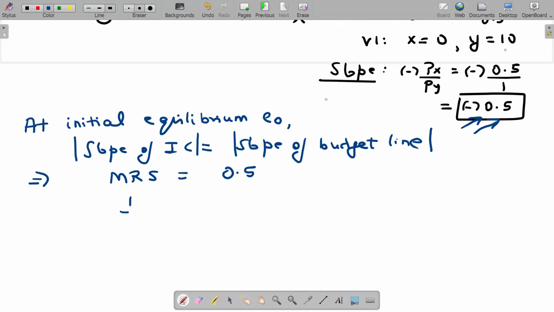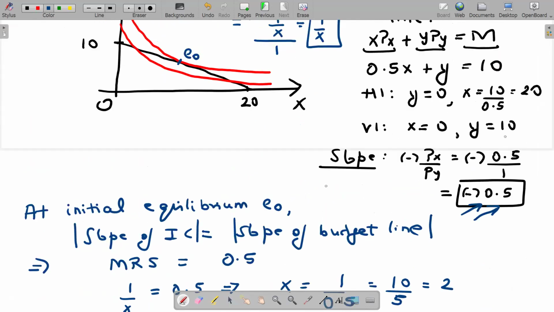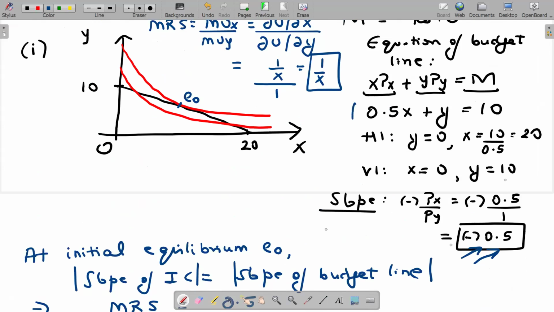So I can write here that 1 over X is equal to 0.5, which implies that X is equal to 1 over 0.5, which I can write as 10 over 5, which is 2. When X is 2, I can plug this in the budget line equation to find what Y is. So remember, my budget equation is this: 0.5x plus y equal to 10.